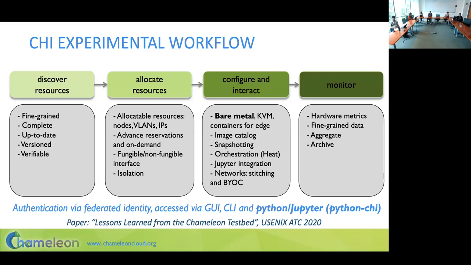We'll optimize operations. For configuration, I already said we support mainly bare metal. Most of Chameleon is available via bare metal configuration, but we also have KVM cloud and controls for the edge. We have an image catalog, so every month we publish a tips and tricks blog that highlights certain features of the system.